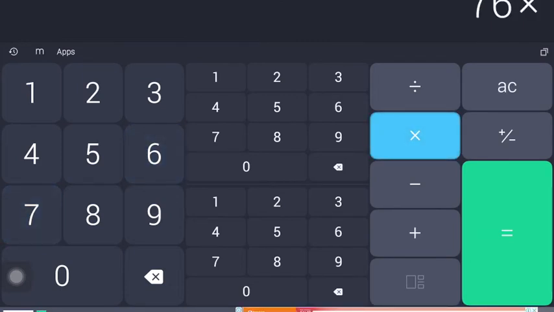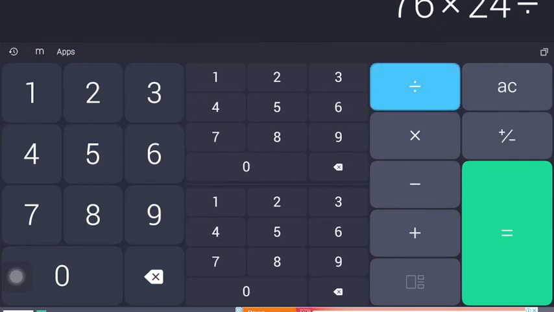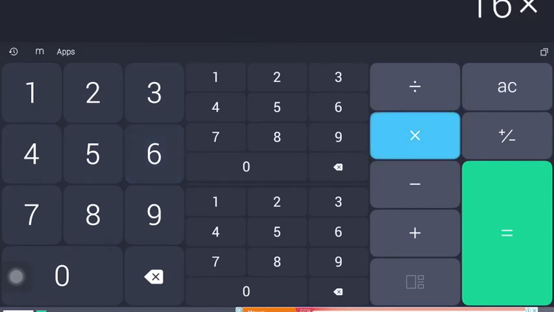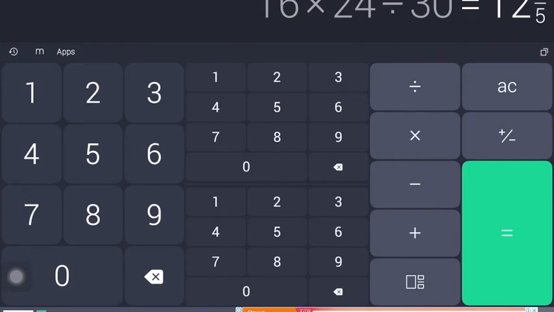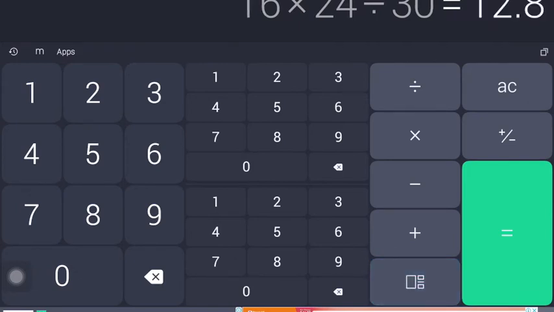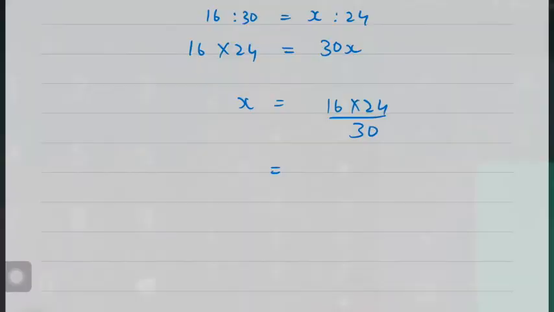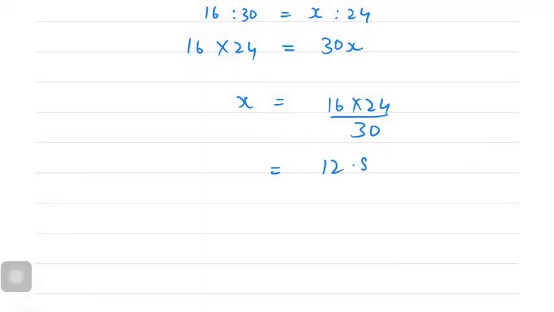16 into 24 divided by 30. It comes to 12.8 hours.